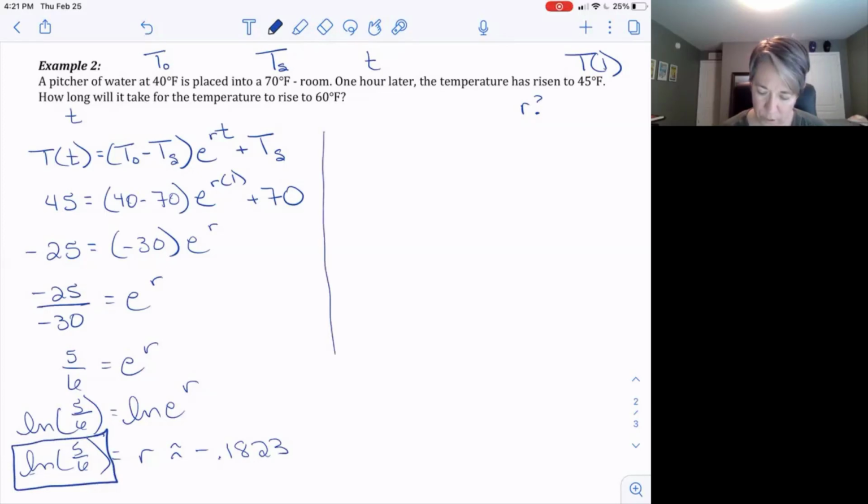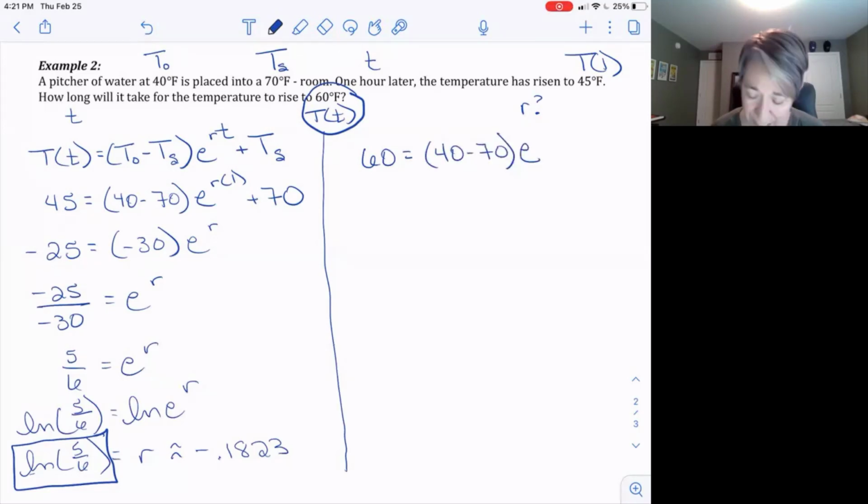In other words, now that we have found the rate at which this water will be increasing in temperature, we can plug in for our new capital T. We want our temperature to be 60 degrees Fahrenheit. So 60 equals, we still have an initial of 40 minus 70, e to the, this time we know the rate, which is the natural log of 5/6, but we don't know t.